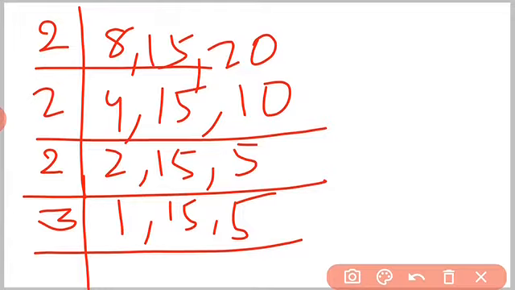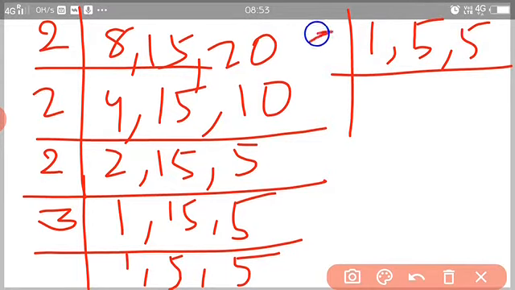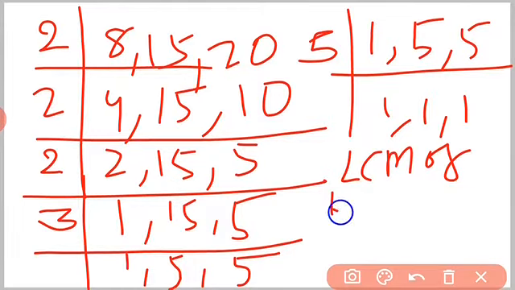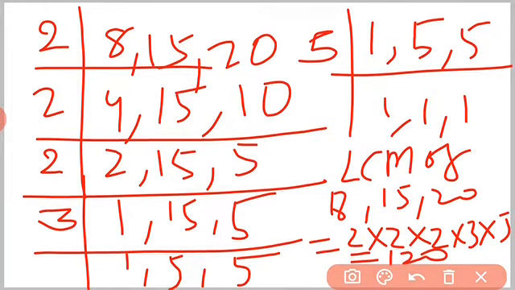Next number will be 3: 3 fives are 15 and 5 remains as it is. So we are left with 1, 5, 5. Which prime number must we use? That is 5, so it will be 1. So the LCM of 8, 15, 20 is 2 multiply 2 multiply 2 multiply 3 multiply 5, which is equal to 120.